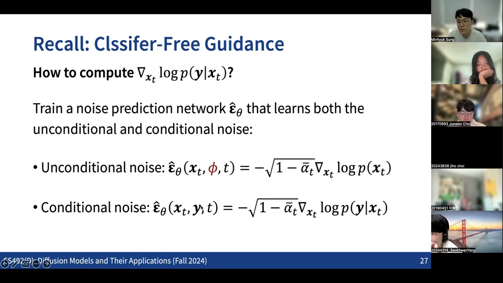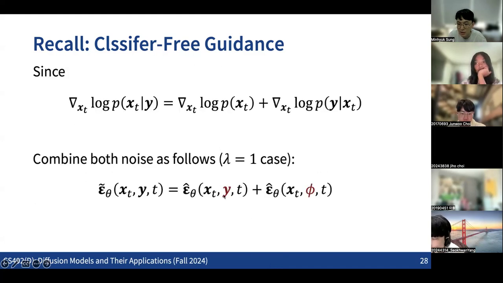And since we have this relationship between the noise that we are predicting and the score function, we could combine the outputs of the unconditional and conditional noise, which becomes the modified noise in classifier-free guidance based generation.